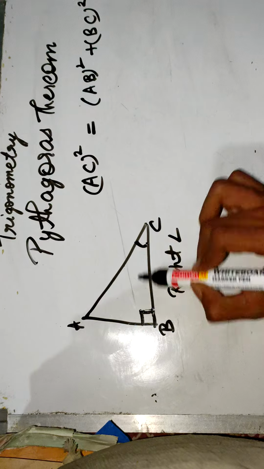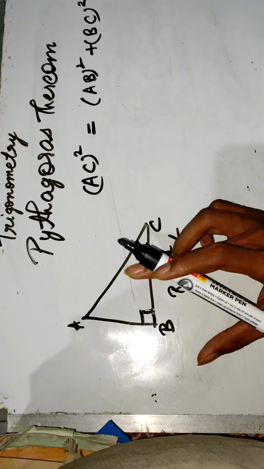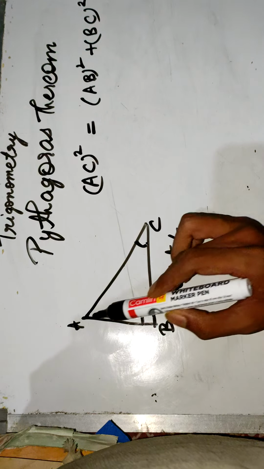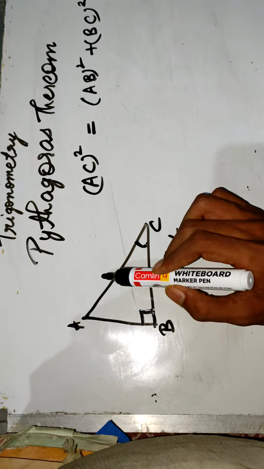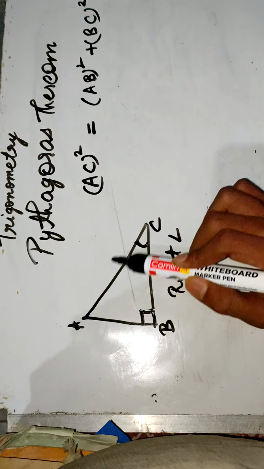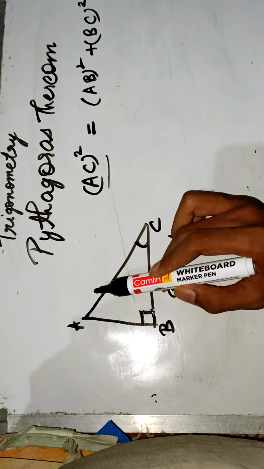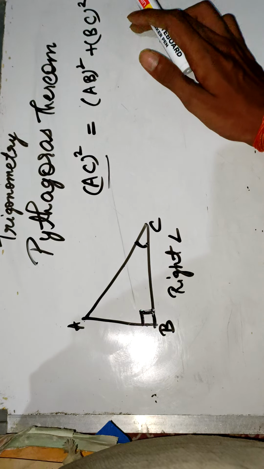In the triangle ABC, which is a right angle triangle, whenever a right angle triangle is formed, the square of the hypotenuse, that is AC square, will be equal to the sum of the squares of the other two sides, AB square plus BC square.